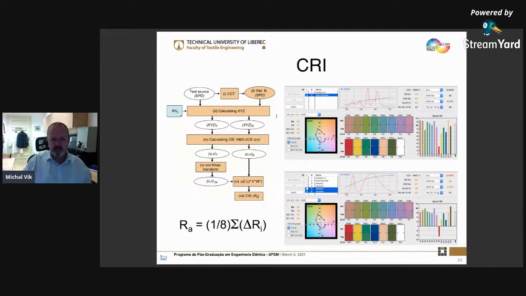Below 5,000 kelvins, we are using the spectral power distribution of a blackbody radiator. Based on the decision of which reference light source we will use, we can calculate XYZ coordinates of specific samples. That means here we have reflectance data of selected samples, and we will obtain XYZ values for the test source and the reference source.